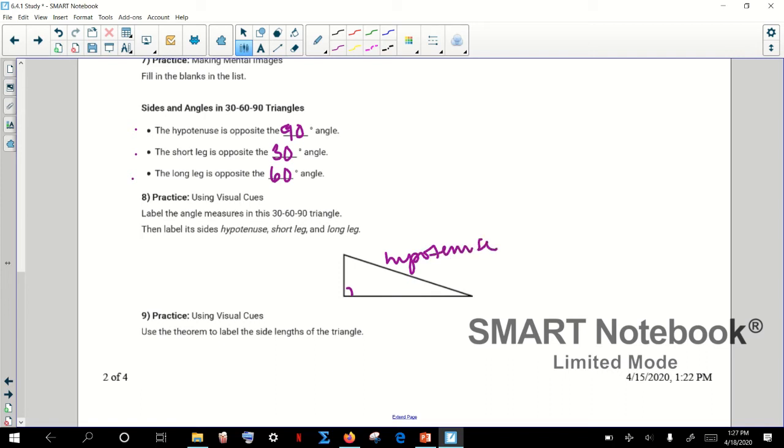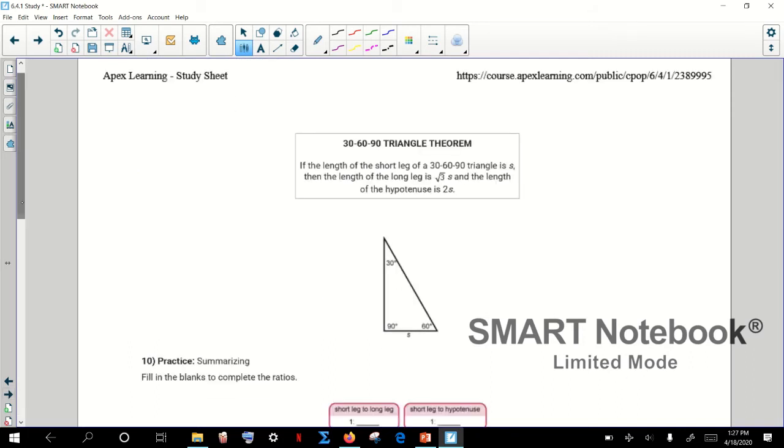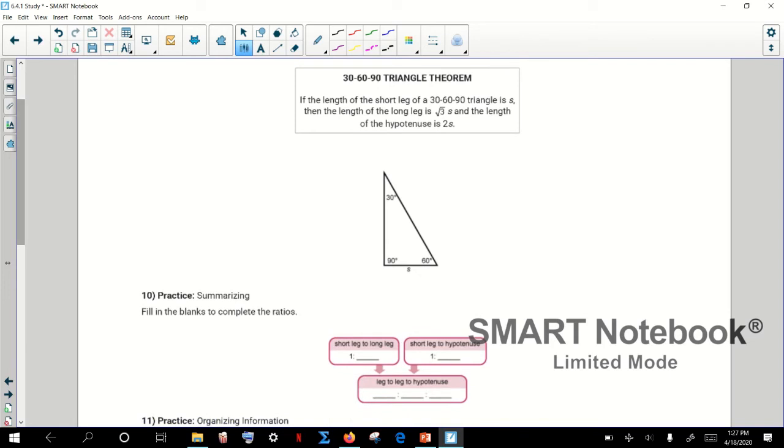The short leg is over here, short side, and then here's our long side. So by definition, this has to be the 30-degree angle because it's across from the short side, and then here's our 60-degree angle. Perfect. So we're going to be using this pattern that we come up with on the next page and solve problems just like we did with 45, 45, 90 triangles.